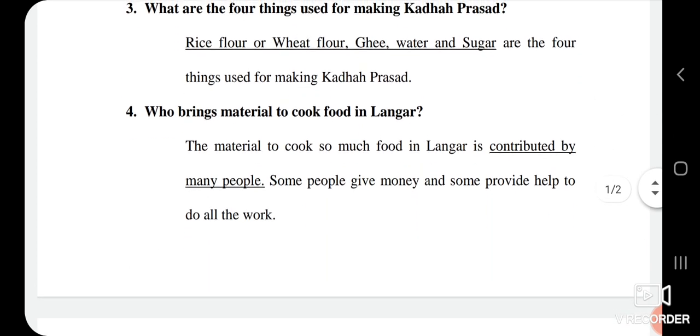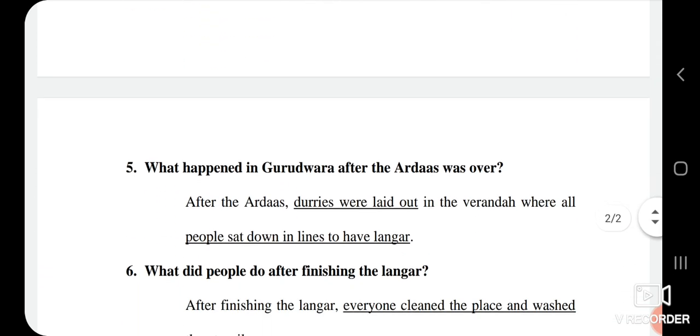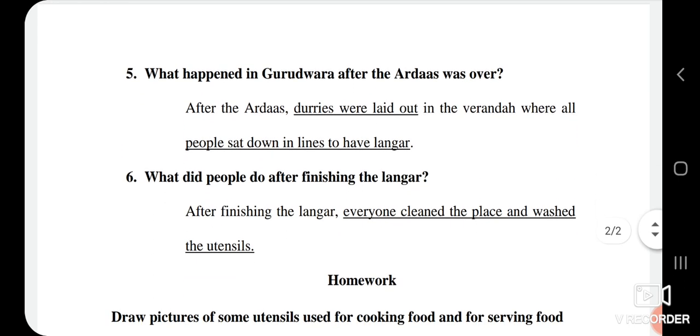Who brings material to cook food in langar? The material to cook so much food in langar is contributed by many people. Some people give money and some provide help to do all the work. What happened in Gurdwara after the Ardas was over?